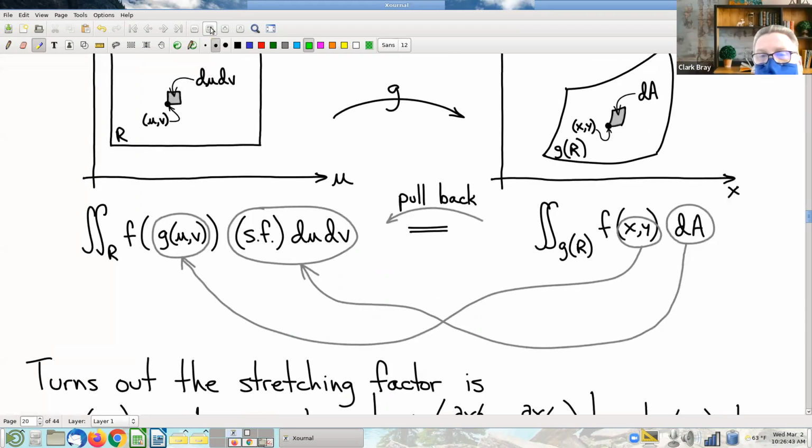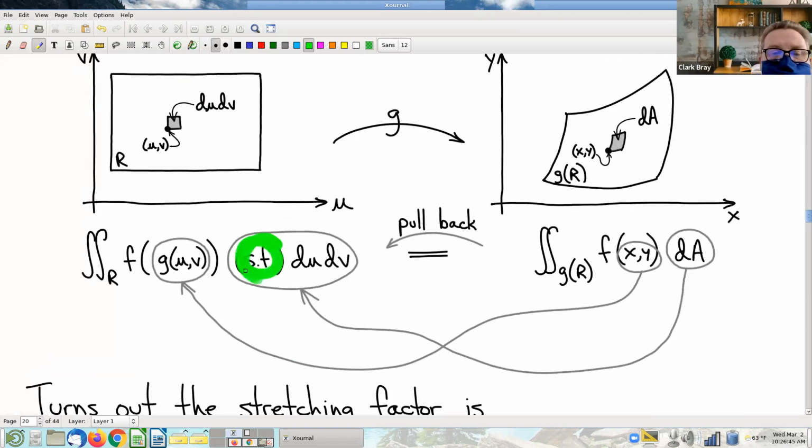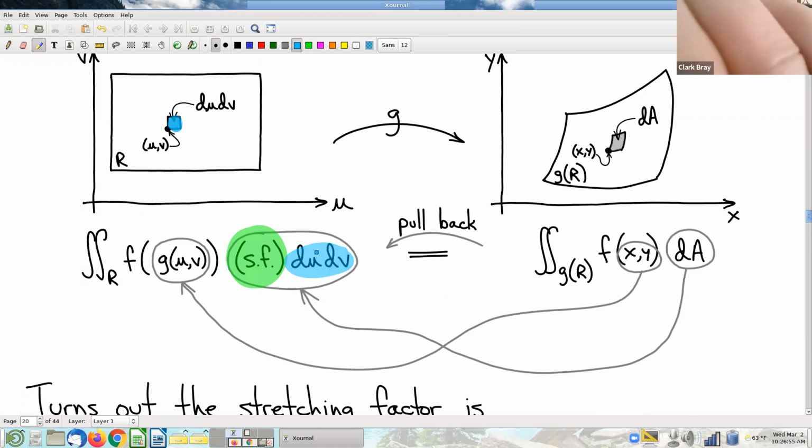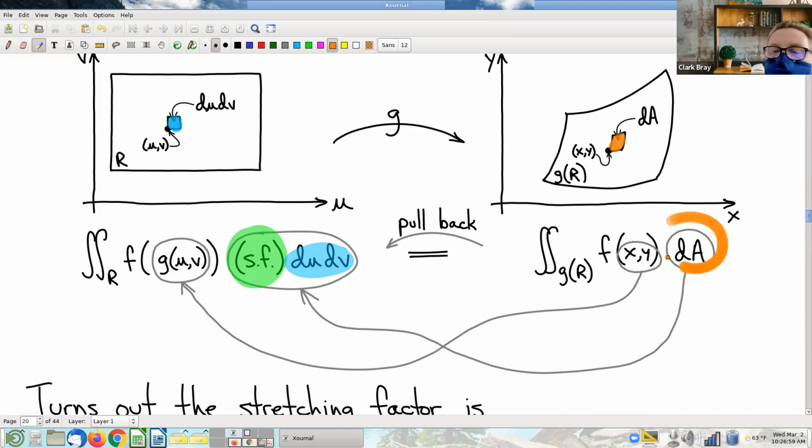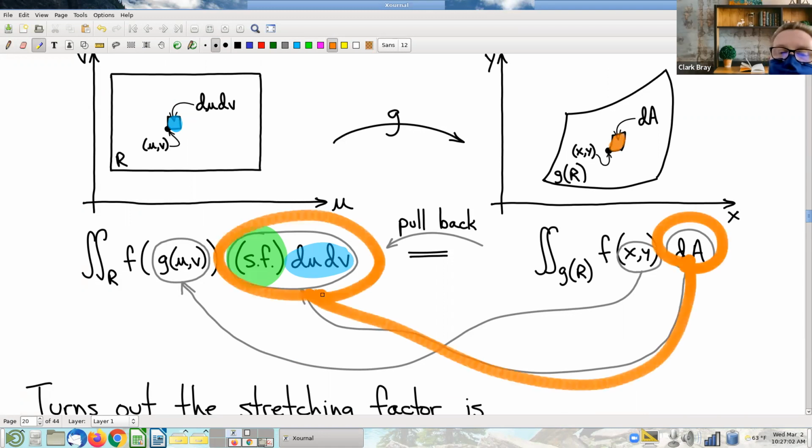And a reminder of what this thing is: this is the stretching factor. This is the thing that you multiply by this little piece of area, du dv, to get this little piece of area, you might say dx dy, right? So it's what I multiply by that area to get this area.